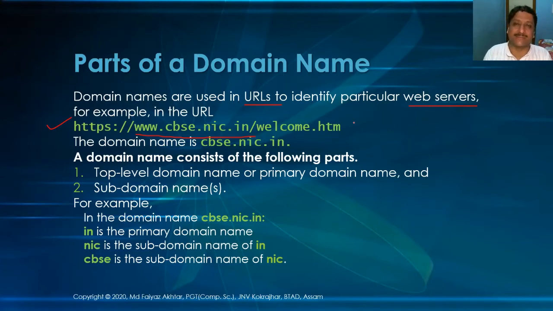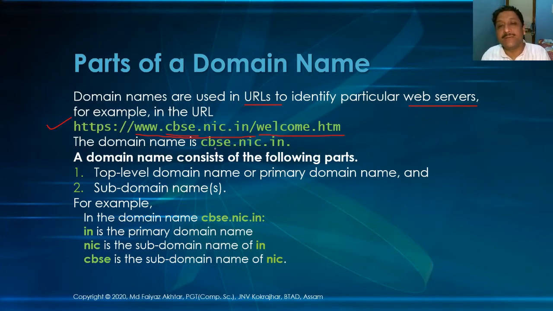That's the address on the internet to get some particular information. Say, for example, cbse.nic.in/welcome.html. This is a URL, and it tells the computer to show the welcome page of this website.